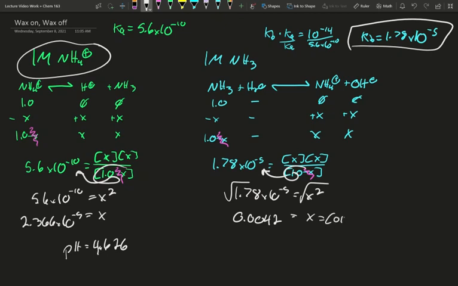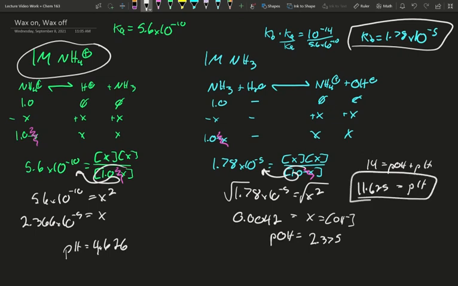That is our concentration of hydroxide, which means our pOH is the negative log of that, which is 2.375, and 14 equals pOH plus pH. So my pH is 14 minus the pOH, so 14 minus 2.375, 11.625. We have just a 1 molar solution of the pure weak base. We'll get a pH of 11.65.